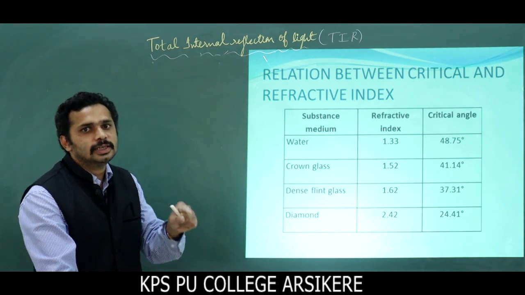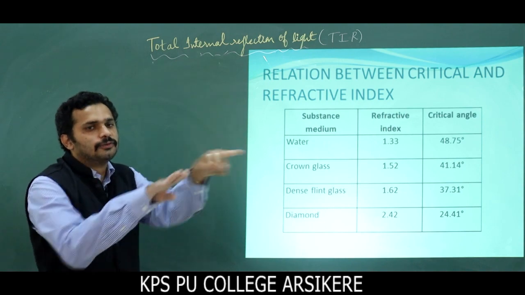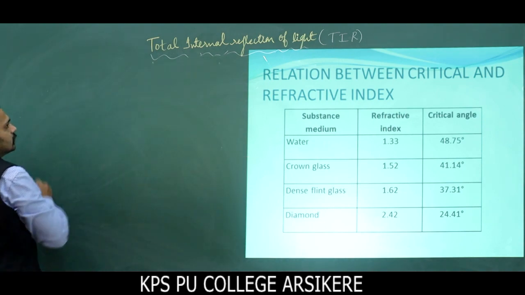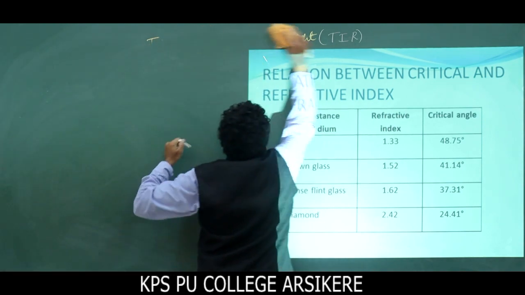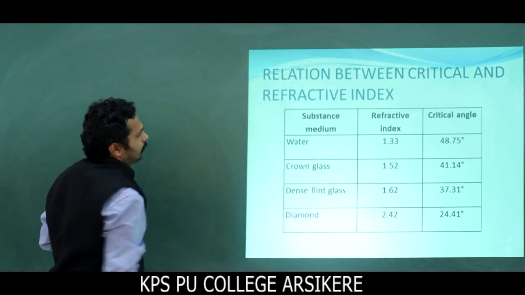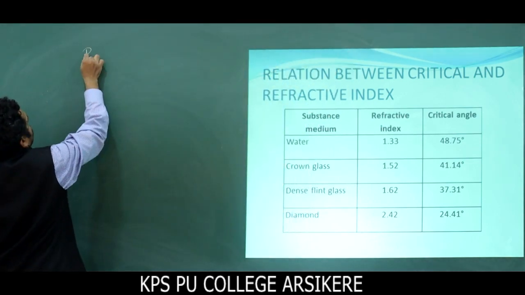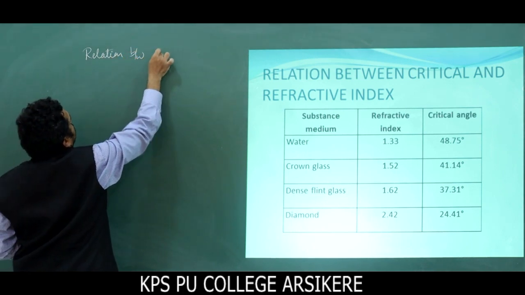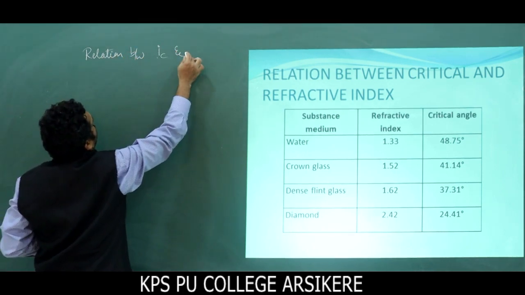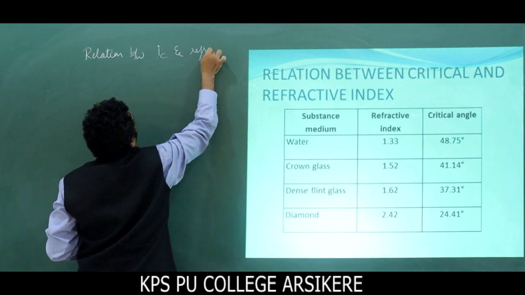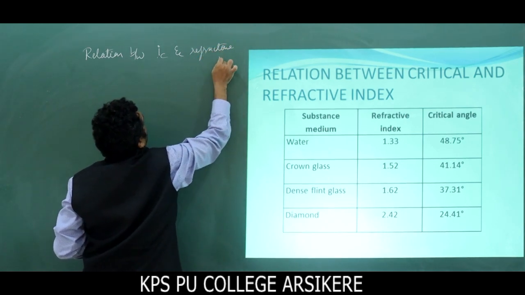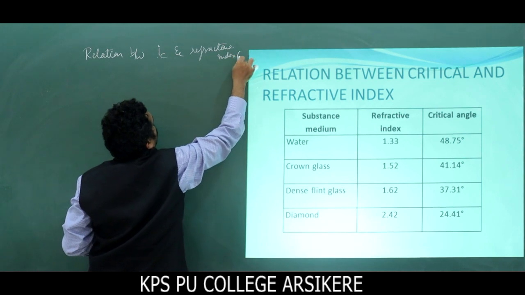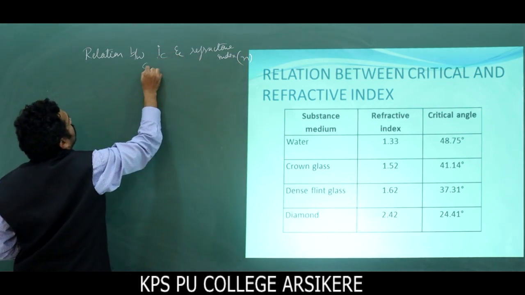But I is equal to IC, the refracted ray ಆ ಸರ್ಫೇಸ್ ಮೇಲೆ ಬೀಳ್ತಾ ಇದೆ. Now relation between critical angle and refractive index.